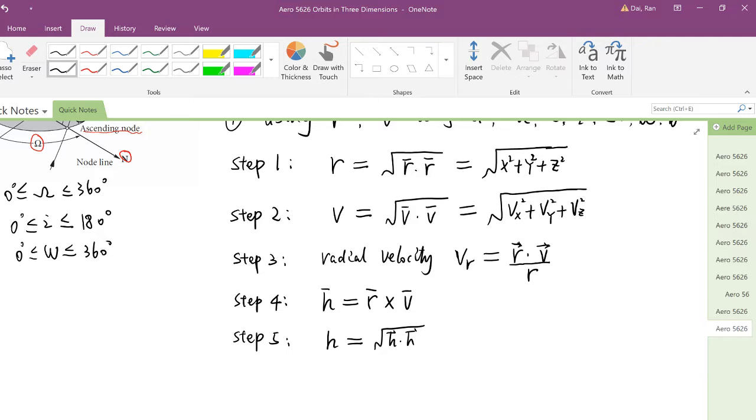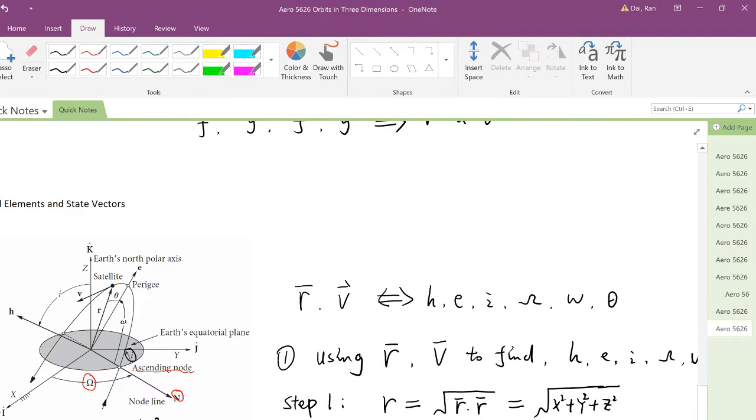And then the inclination. If you recall, we said the inclination here is the angle between the equatorial plane and the orbital plane.